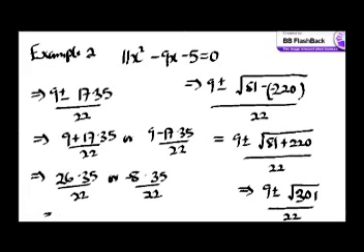Now the value here will give me 1.197, which is approximately 1.198, or minus 0.380. So this is what you're having in your final answer, this and this.